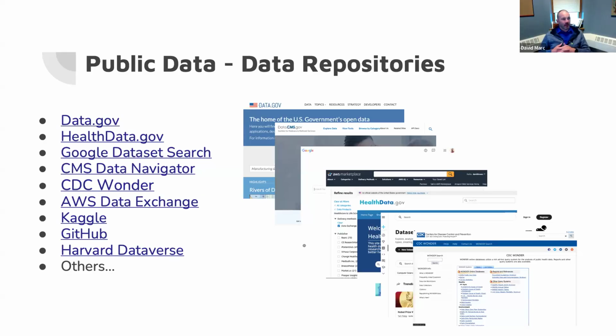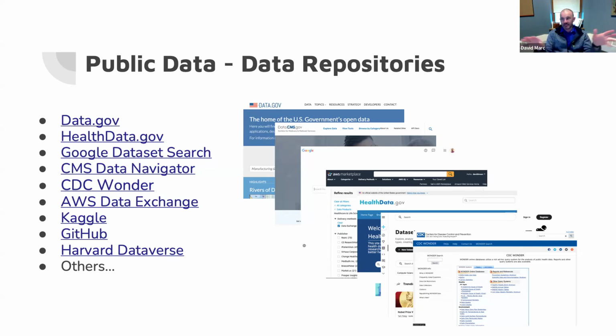So a public data repository is a collection of data sets. And some examples of these include data.gov. Data.gov being an initiative by the federal government through the Open Data Initiative. That's really where it started. And underneath that is healthdata.gov, which is considered a community site of data.gov, which is just specific to health related data.